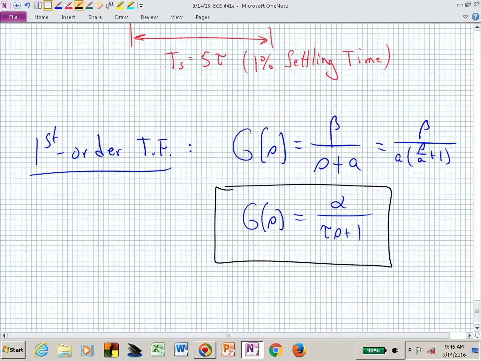So if you have a pole at minus 100, now your time constant is one over that, or 0.01 seconds, and now 5 time constants is 0.05. You have to really be awake to see that dynamic behavior, right? That's 50 milliseconds.